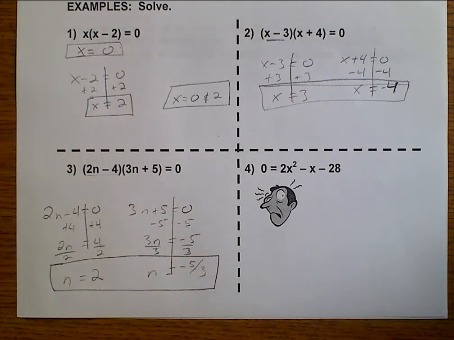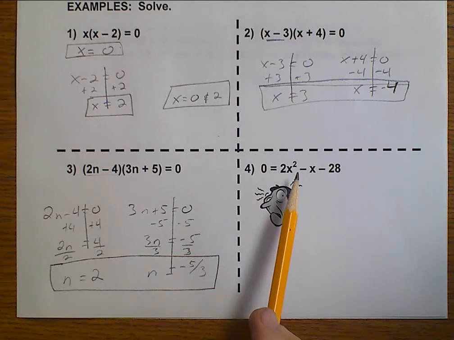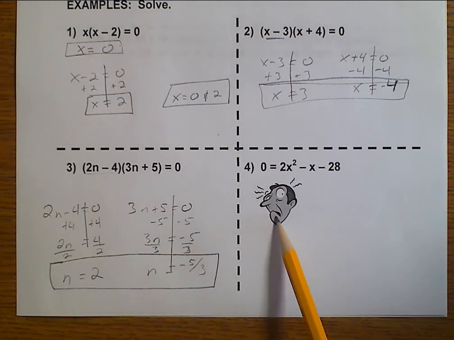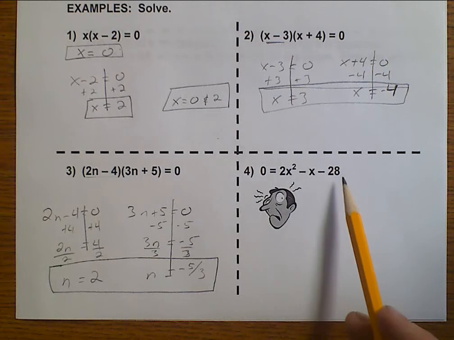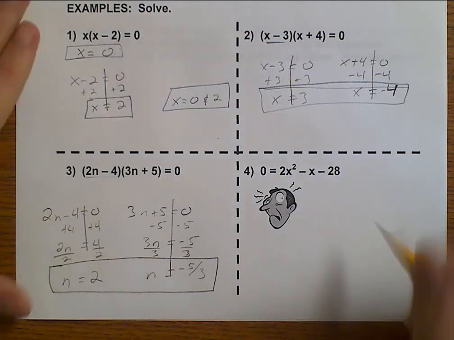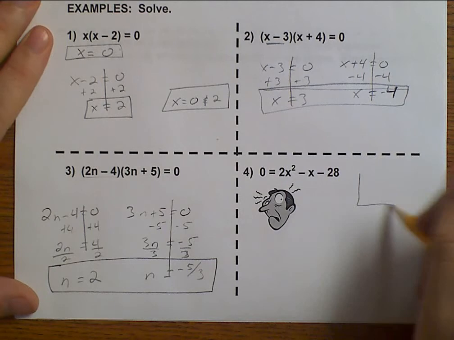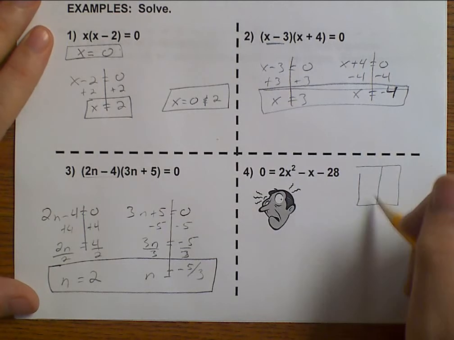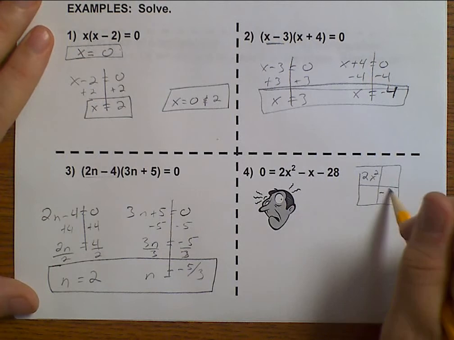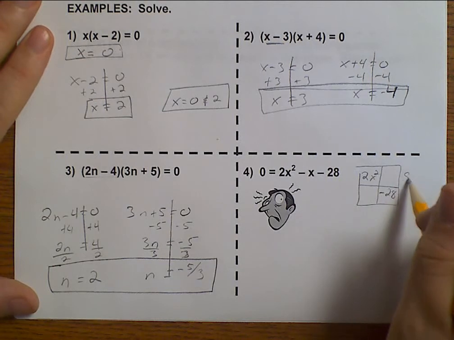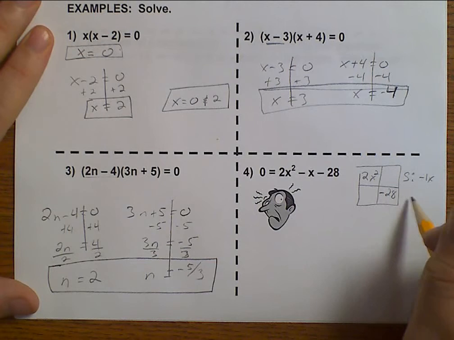Well, let's take a look at number 4. This guy looks a little confused. You may be as well, because it's not in factors. We have to factor it. So we're going to do ourselves a little bit of a box. Break this into box method. So 2x squared minus 28, a sum of negative 1x, and a product of negative 56x squared.